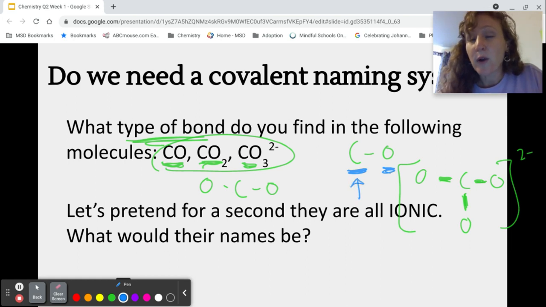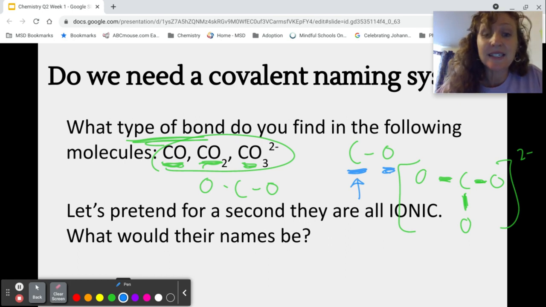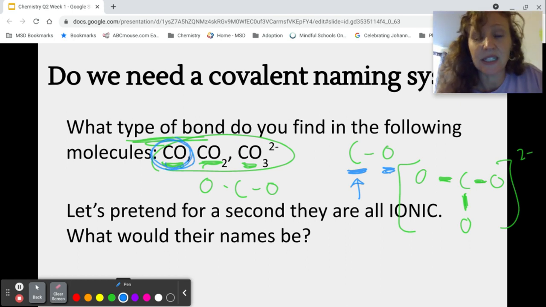This doesn't form cations usually. And inside this compound, it definitely doesn't form cations. Remember, the difference in electronegativity between carbon and oxygen isn't big enough for carbon to pull the electron off and form a cation with carbon, right? And so there's no cation present to name.